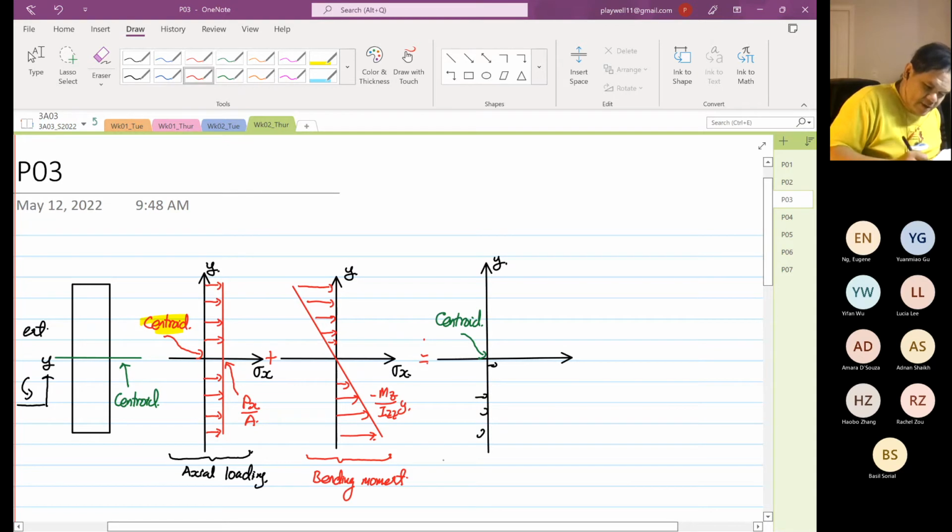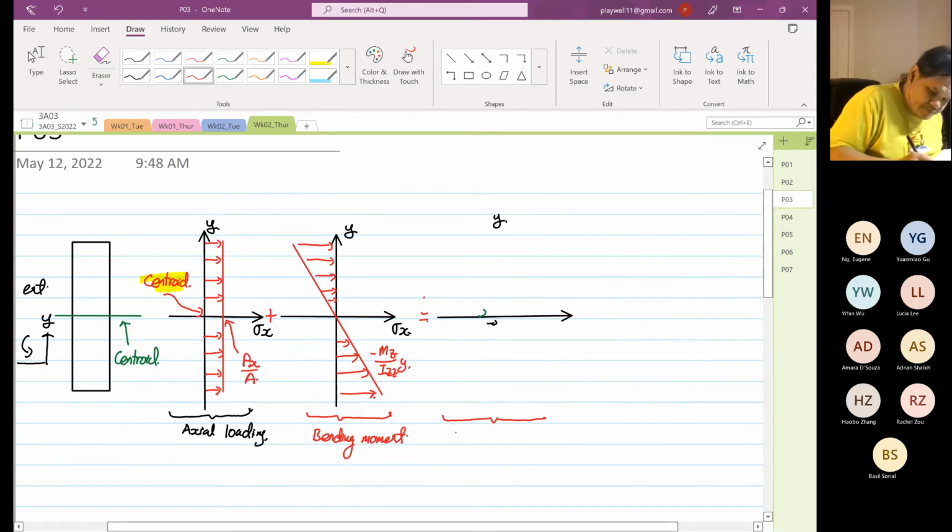Okay. And how does the final one, eccentric symmetrical bending, look like now? Okay.